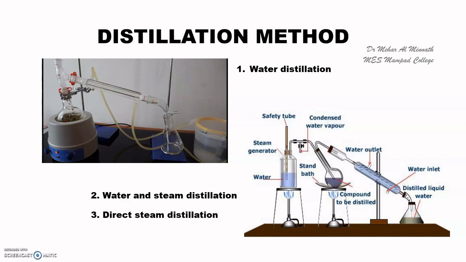Now we get higher yield in this method, and components of the volatile oil are less susceptible to hydrolysis and polymerization, because we can control the heat, since the material is not coming in contact with the water; it is placed above the boiling water in a perforated grid.